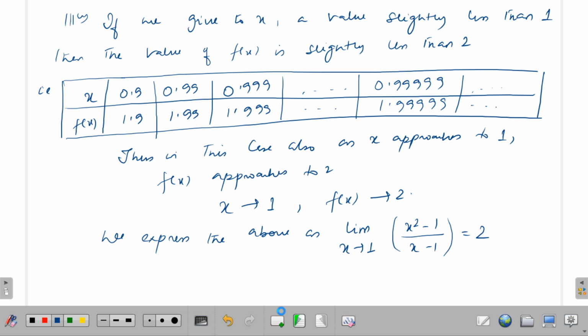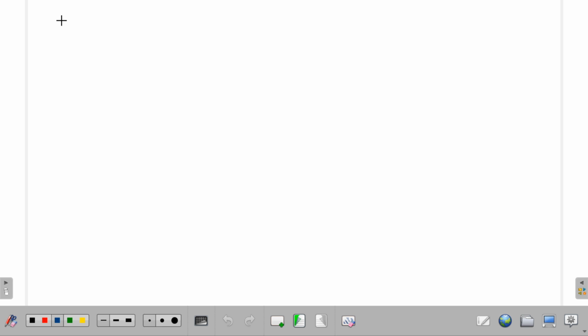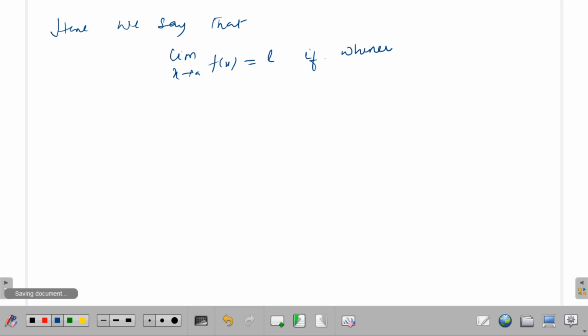So in short, the definition for limit is: we say that limit of x tends to a, f of x is equal to L if whenever your x tends to a, your f of x tends to L. That is the definition for your limit.